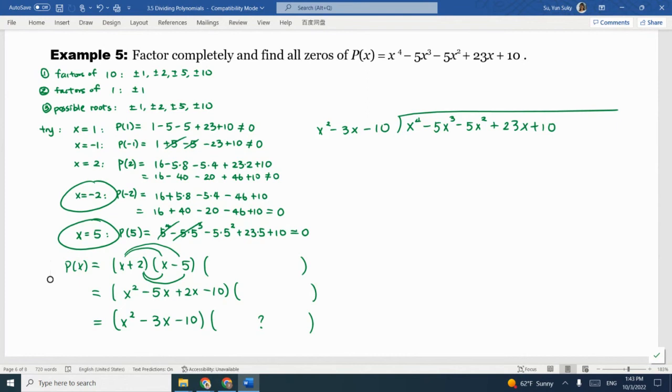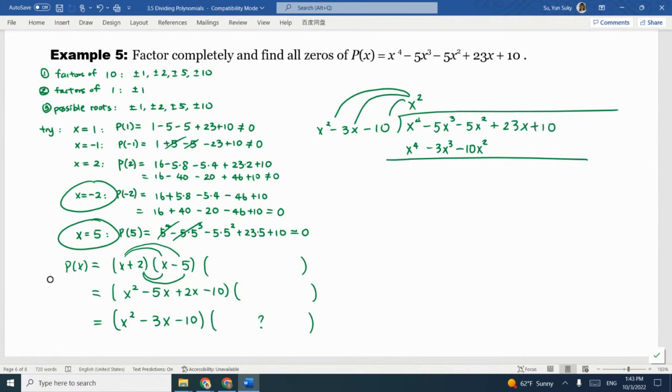Okay, what multiply by x squared to get x to the 4th? x squared. Okay, x squared times x squared, x to the 4th. x squared times negative 3x, we get negative 3x cubed. And times negative 10, negative 10x squared. Right, everybody?